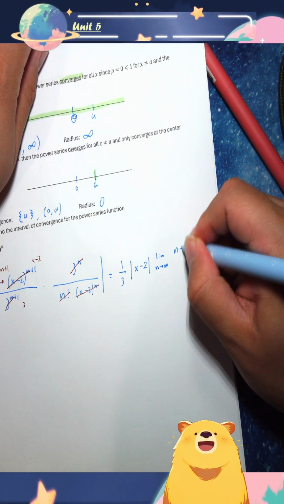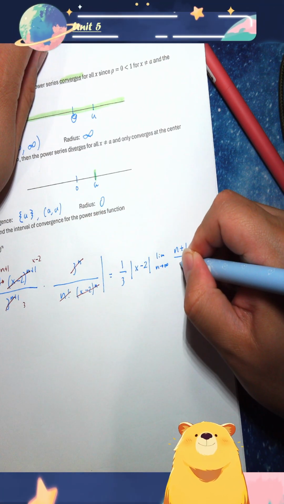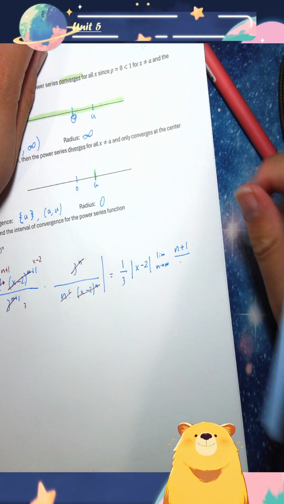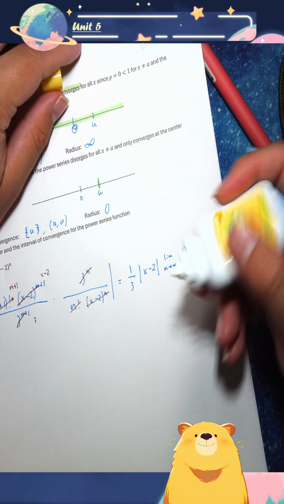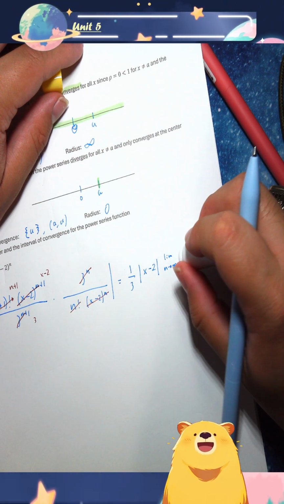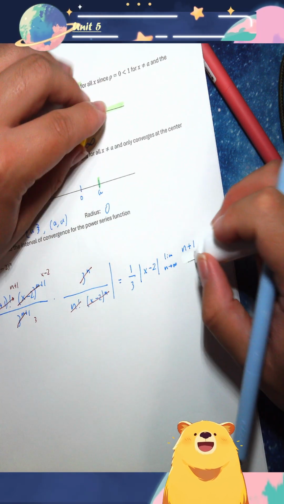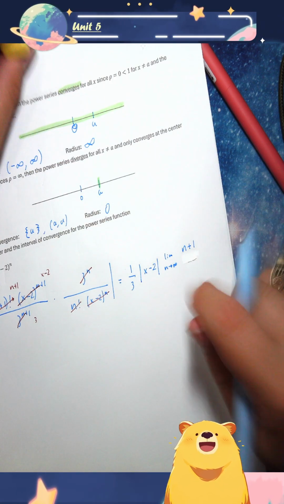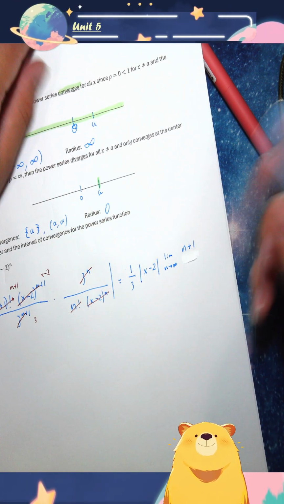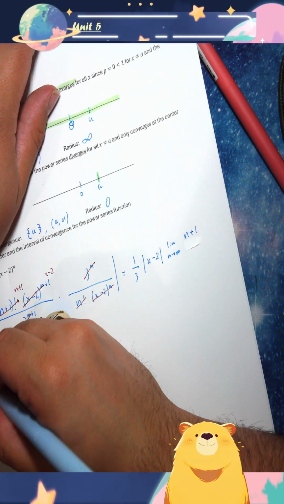Of n plus 1 over... oh no, it's just n plus 1. Force of habit to write it over something. So in that case, the limit of n plus 1 is technically infinity. Or, if you want to be super specific, infinity plus 1. But that's just going to be infinity.